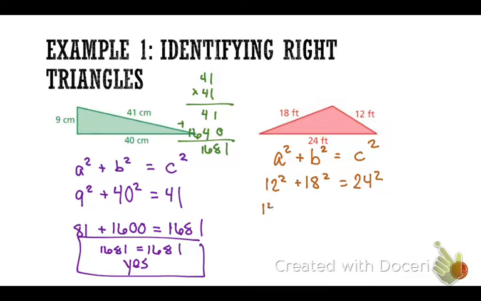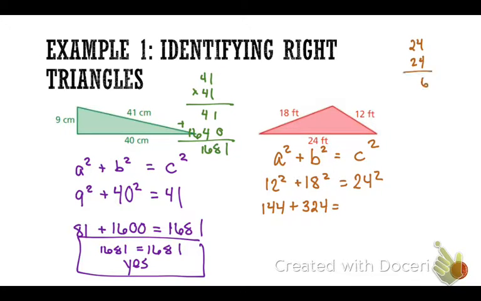12 squared is 144. 18 squared, you may have to do that by hand. Did anybody remember it? We've done that one. What is it? It is 324. Okay. Now, 24 squared, you're probably going to have to do that by hand. So just 24 times 24. Oops, not a 5.